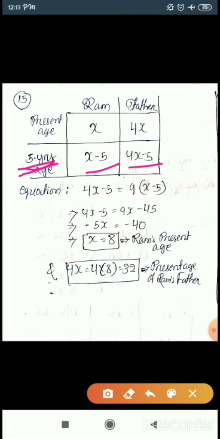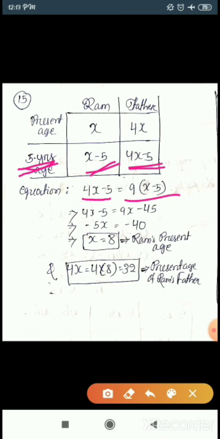Now see the condition. 5 years ago, his father was 9 times as old as Ram was. So father's age, this one, 4x minus 5, equals 9 times his son Ram's age, 9 times x minus 5.